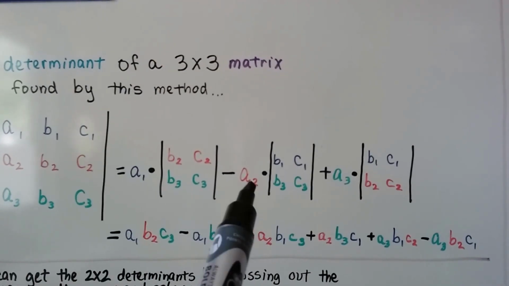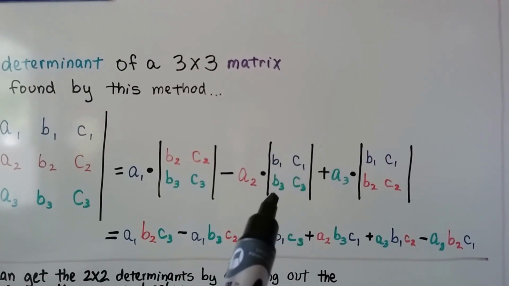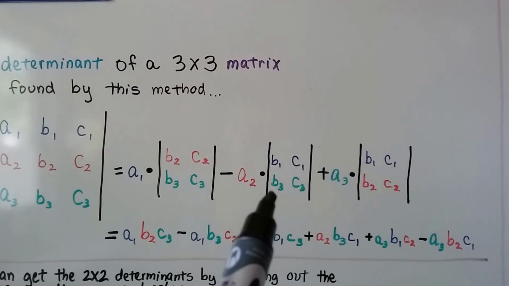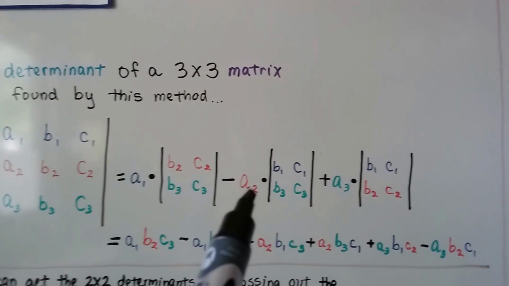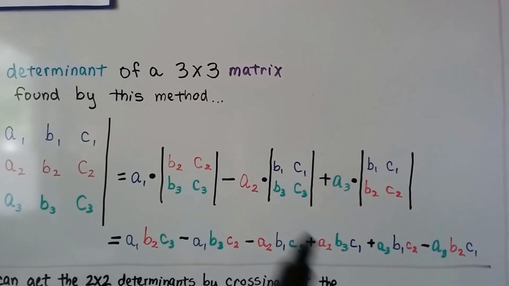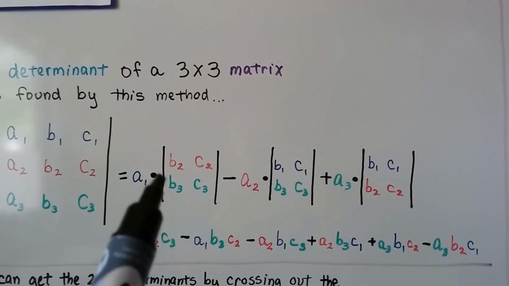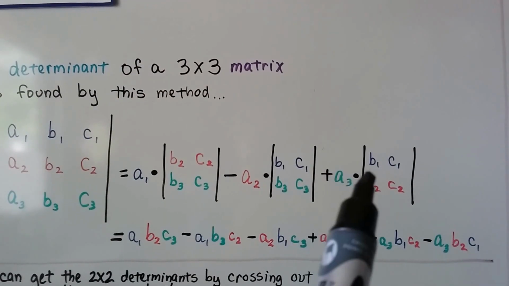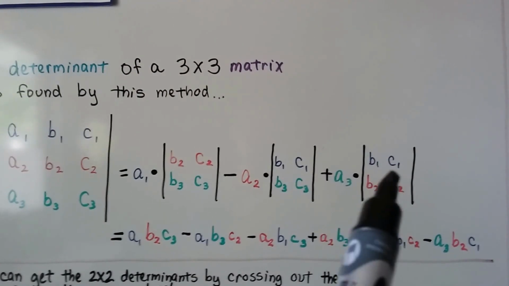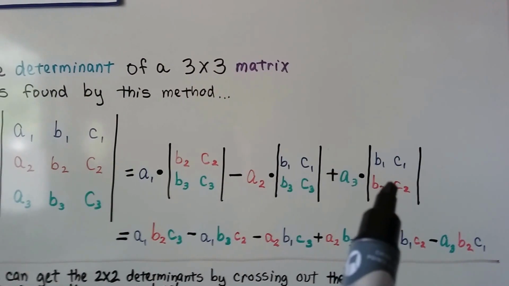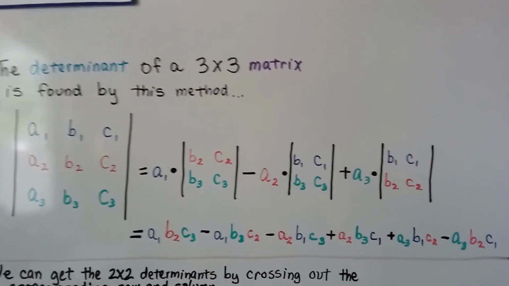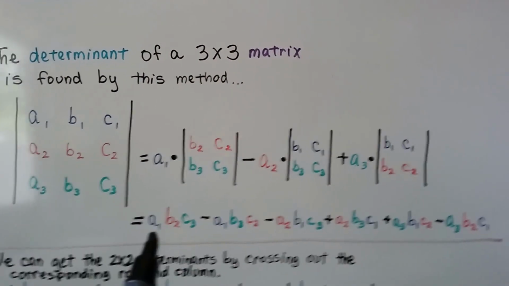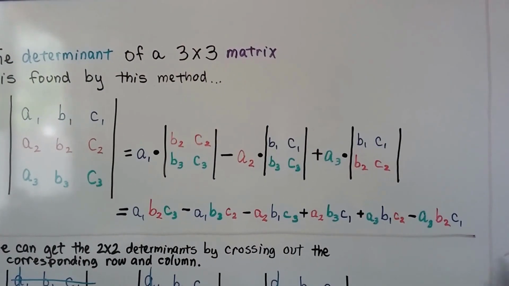We're going to do the same thing for a sub 2. We're going to cross-multiply these two products, get these two products, and then subtract, and then multiply it by a sub 2. And we're going to subtract this one from this one, and then we're going to add these cross products subtracted to get a difference, multiplied to this one, and we're going to add it to what we got there. So it ends up looking like this. Look at all the colors.